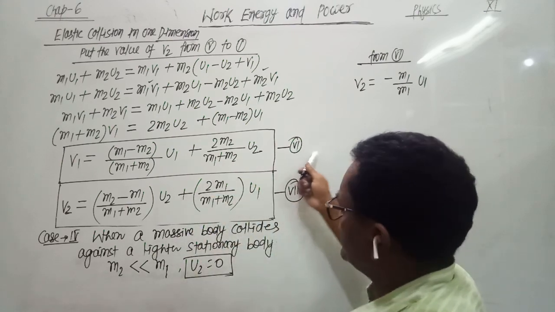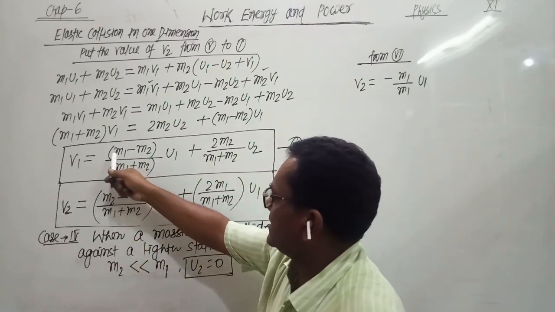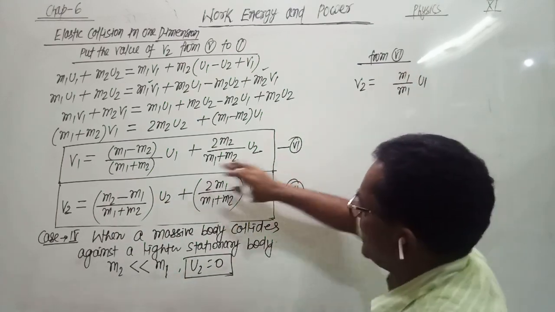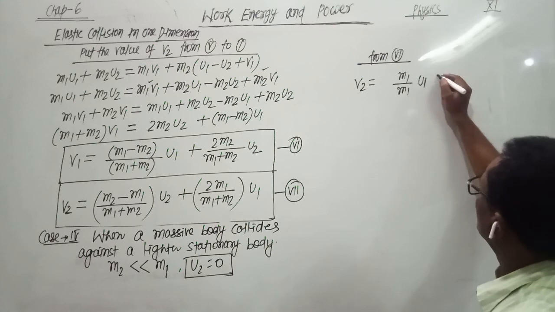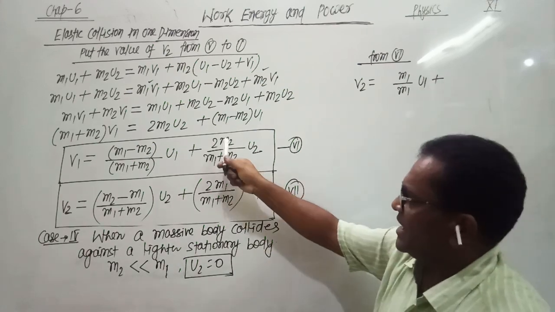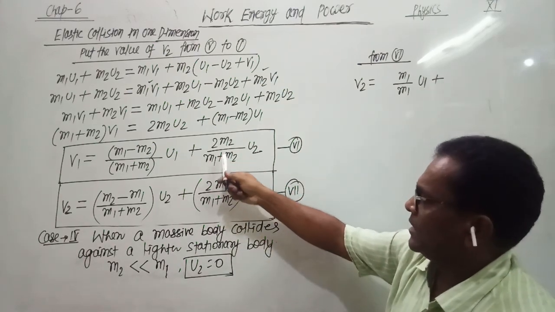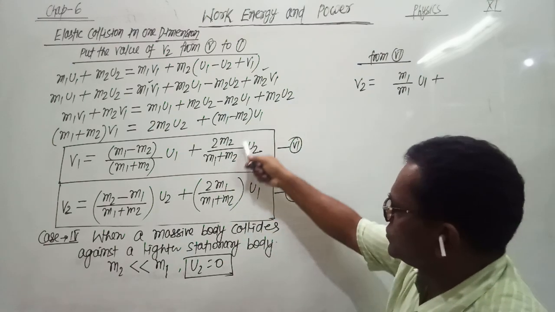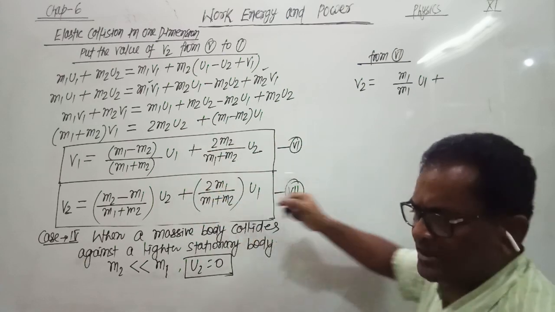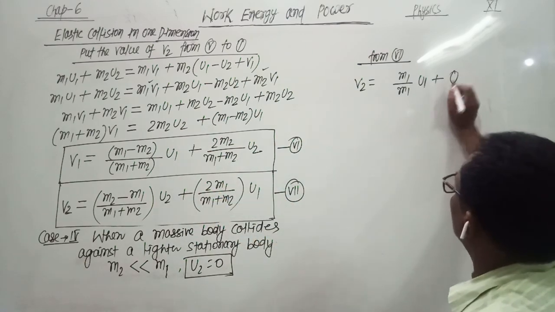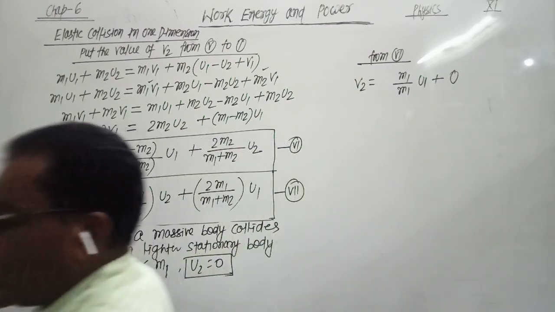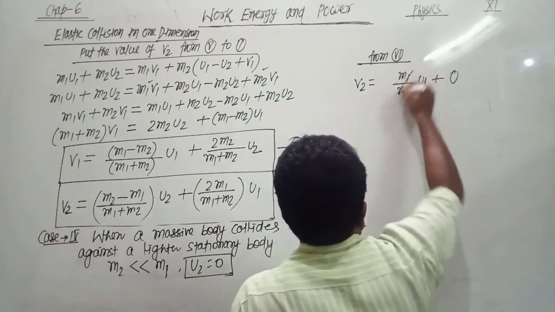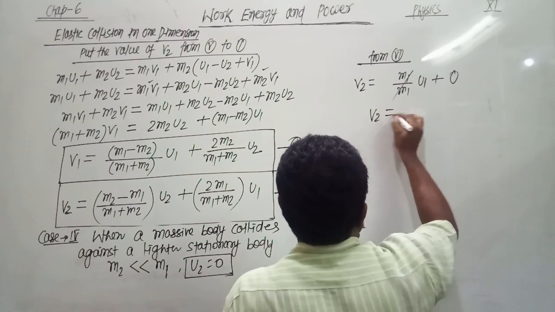From equation number 6, M2 will be neglected. So M1 upon M1 into U1 plus M2 will be neglected. So M2 is much less than M1, but U2 is 0, so this whole term will be 0. So V2 equals M1 upon M1 into U1, and we get V2 equals U1.